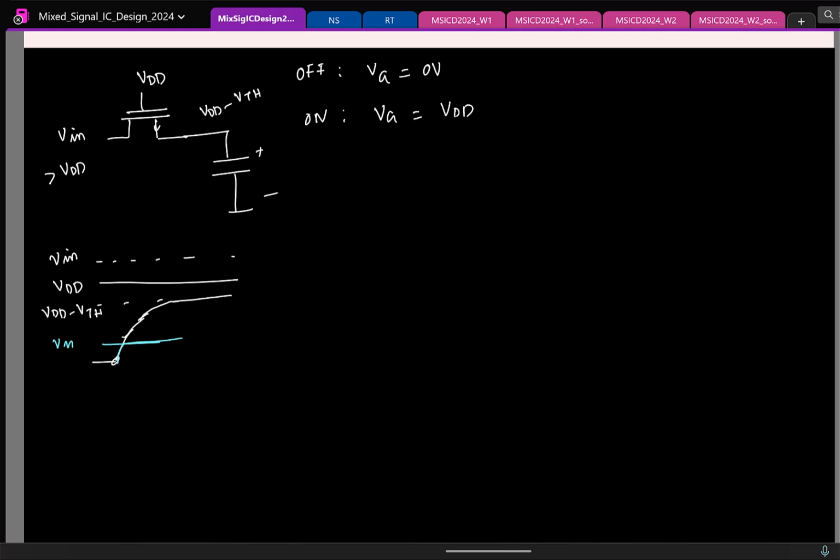Once my output reaches my V in, drain to source voltage is 0. If the drain to source voltage is 0, what is the current? 0. It's in linear region, current is proportional to VDS. So once my drain to source voltage drops to 0, no current flows, and the capacitor voltage doesn't change. Fine. So these things will happen only if you have voltages greater than VDD.